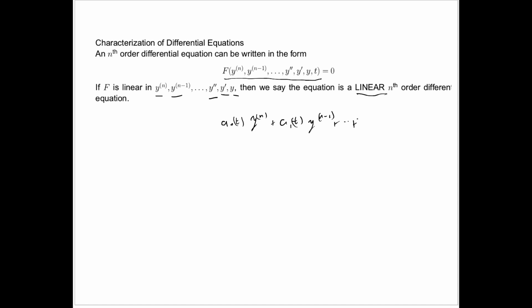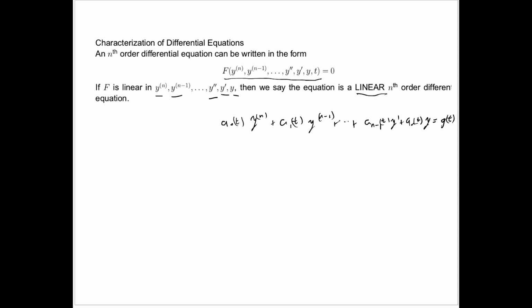And we keep going all the way up to some other function, a sub n minus 1 of t, times y prime, plus a n of t times y, and all of that can equal some function of t, which we normally will just call g of t.